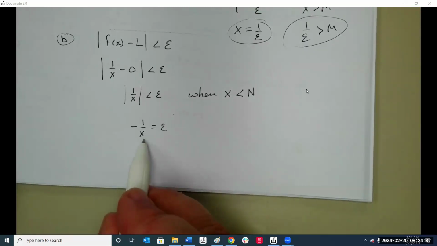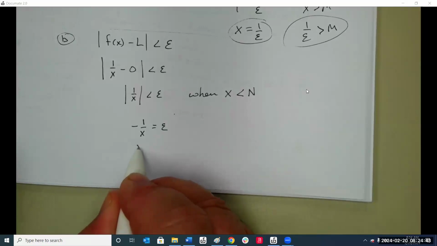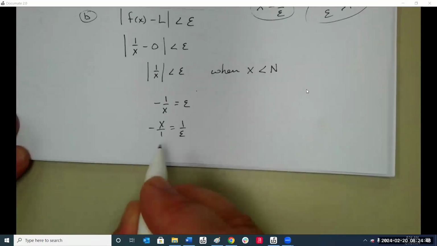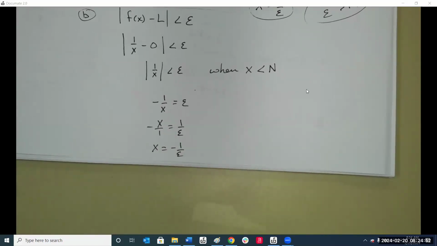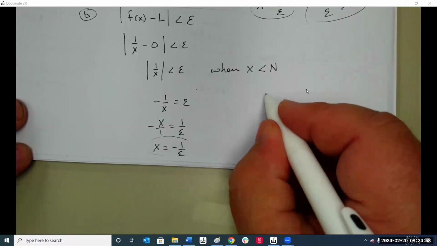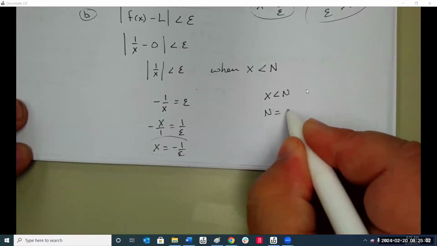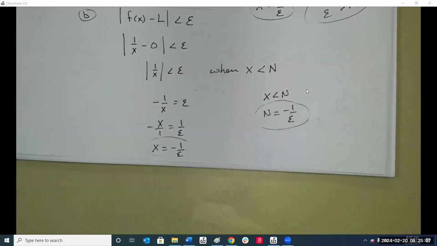So what does x equal? Yeah, so x is equal to negative 1 over epsilon. So this condition is true whenever n is equal to negative 1 over epsilon.